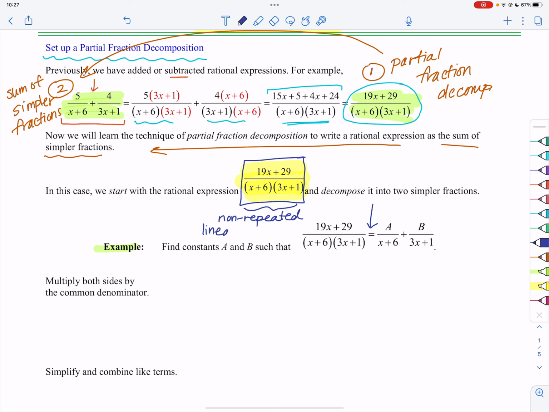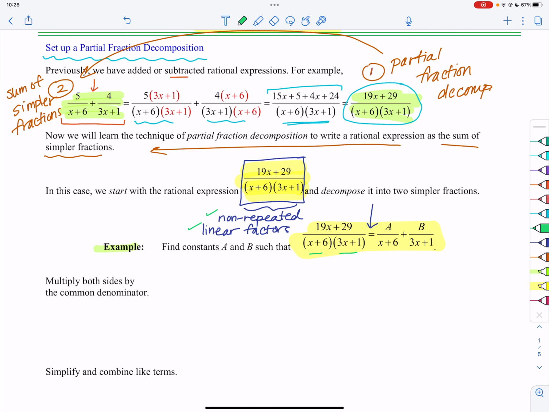This is really important because this method I'm showing right here, in other words, this formula, is actually a formula in order to decompose this rational expression. These two factors are not repeating and they're both linear, okay? Not repeating and they're both linear.